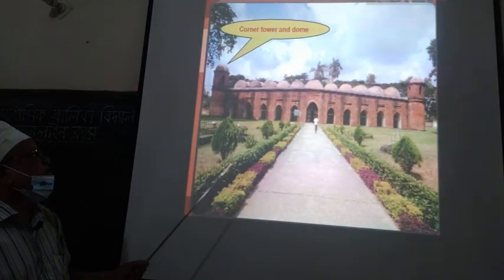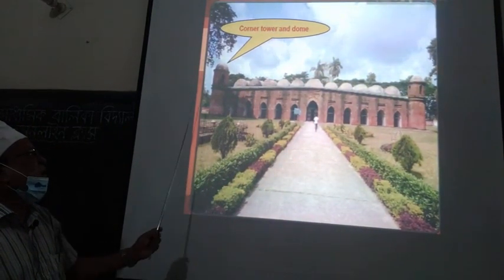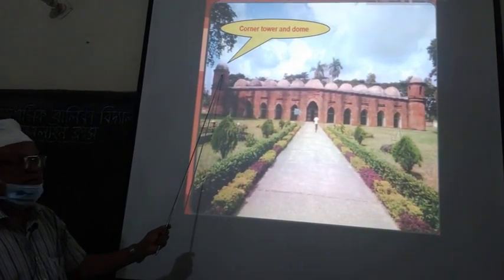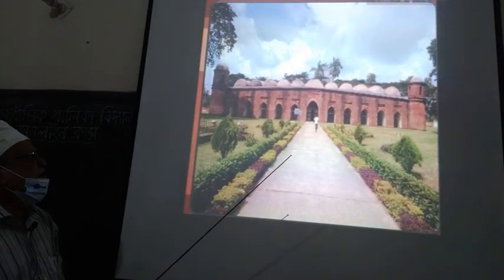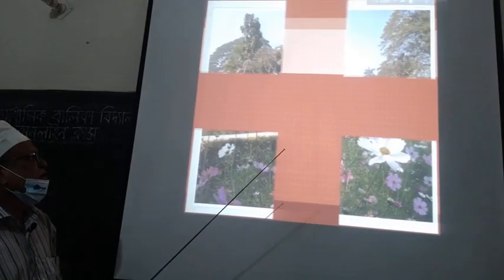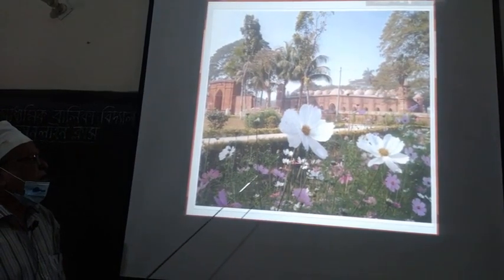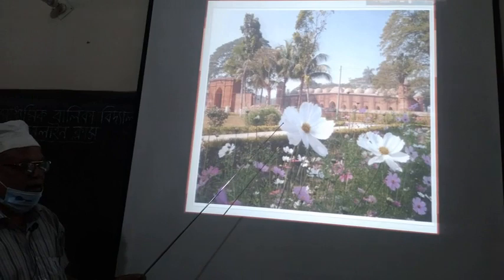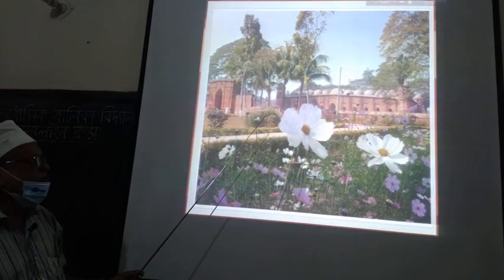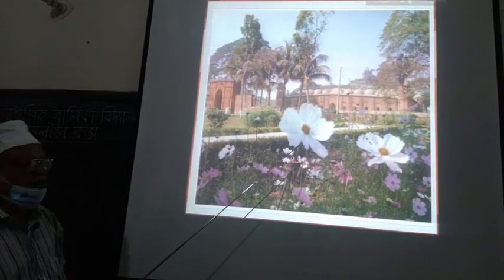Next, corner tower and dome. This is the ground and surroundings of the Shat Gumbaz Mosque.